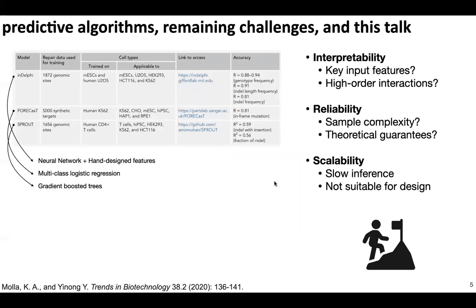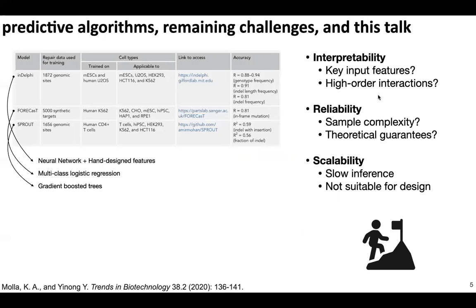However, challenges remain in understanding the DNA repair mechanism. And this is particularly because while these models are very good predictive tools, they are not fully interpretable. It's not clear what features in the input DNA sequence correspond to which outcome.